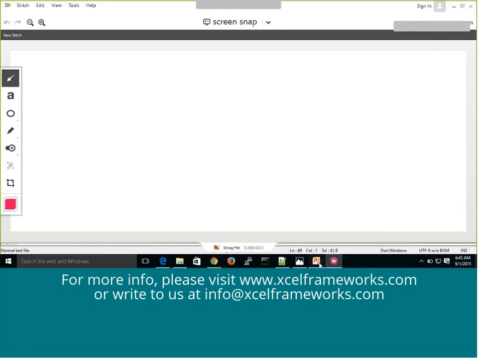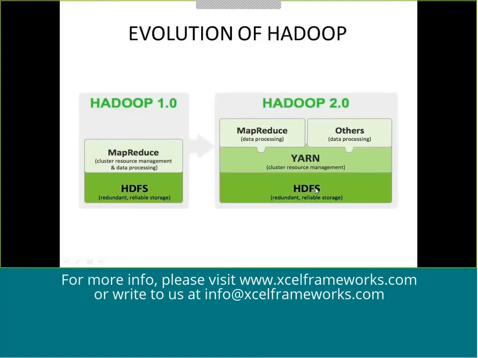With Hadoop 2, you're storing the data and processing the data, but here you replace MapReduce with something for resource management, your YARN. YARN is Yet Another Resource Negotiator. What is YARN and what is its functionality? We'll see when we go deeper into Hadoop 2 functionalities.